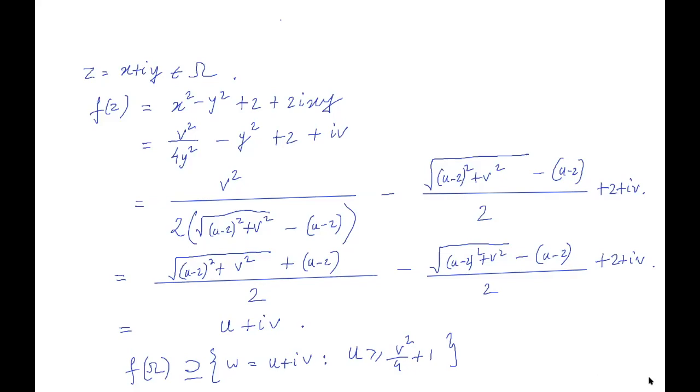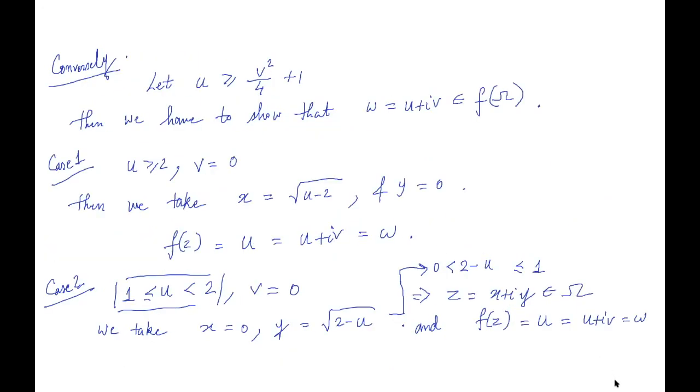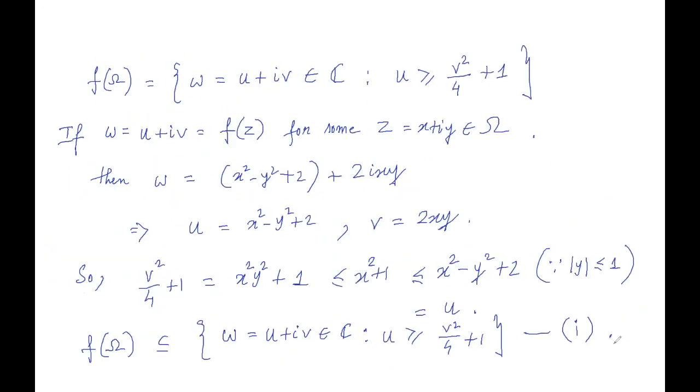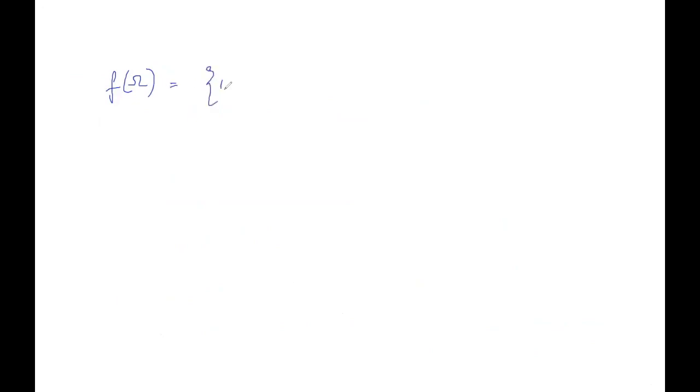And so we have proved that f of omega, if this is our equation 2, then from our equation 1 and equation 2, we can say that they are equal. And what will be the sketch of the domain?